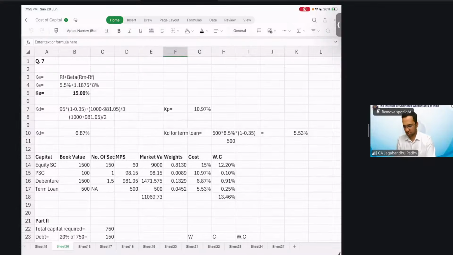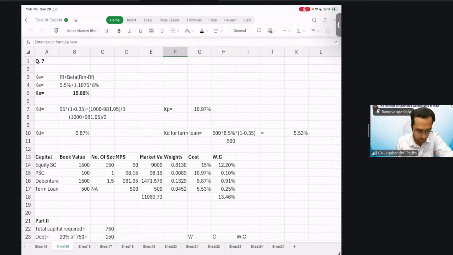Except term loan. So term loan 5.53. How much are you getting then? Okay, now you're getting it.